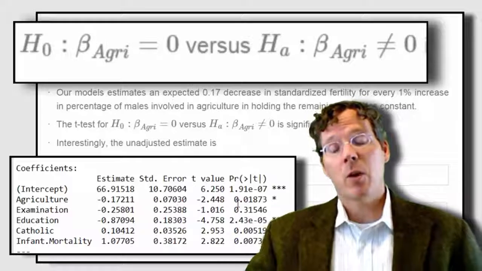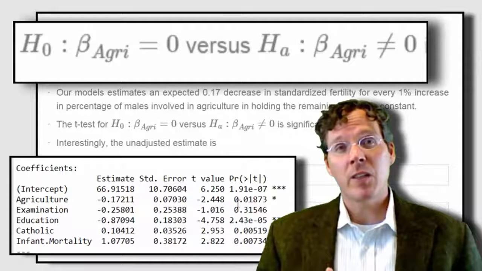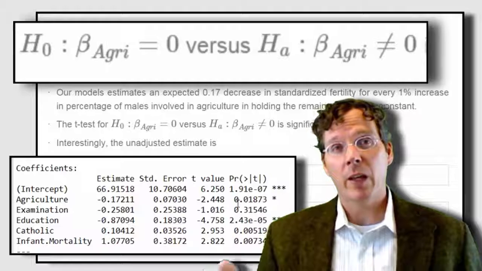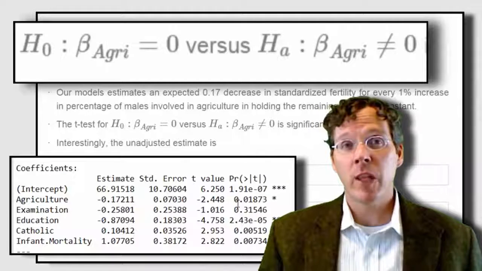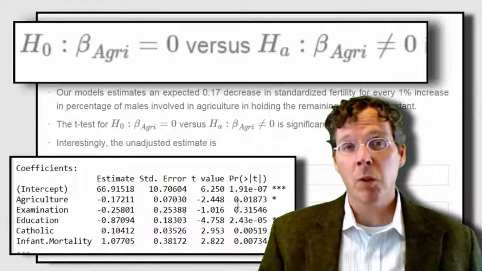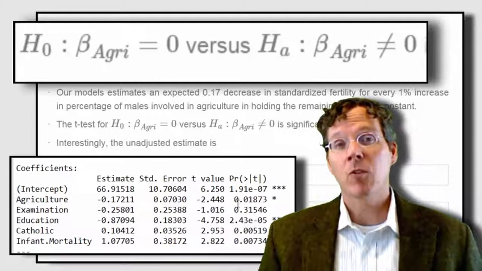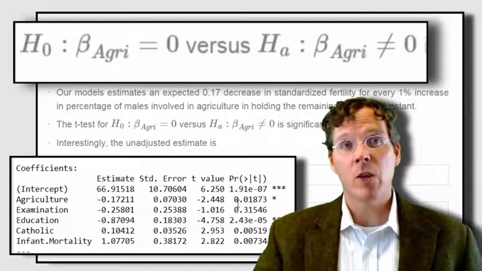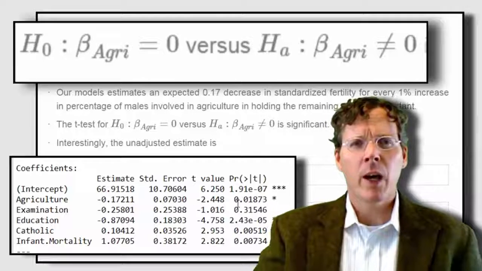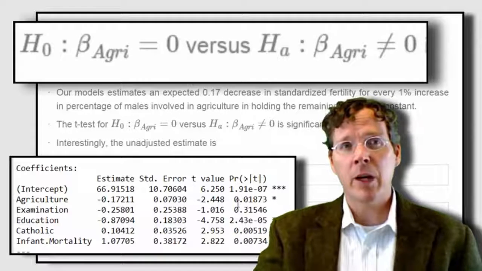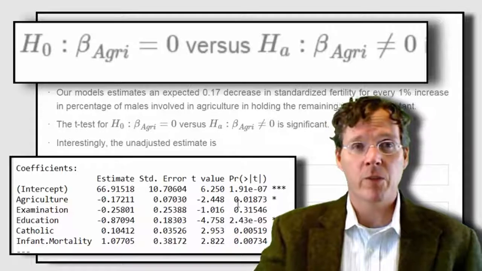For that t-statistic, we can calculate the probability of getting a t-statistic as extreme as that, as small as negative 2.448 or smaller, and because we're doing a two-sided test, we would double that p-value. So you can go through that t calculation if you'd like. The degrees of freedom are n minus the number of coefficients, including the intercept.